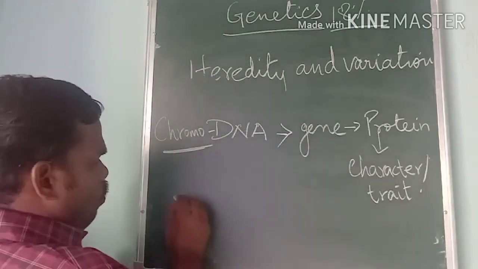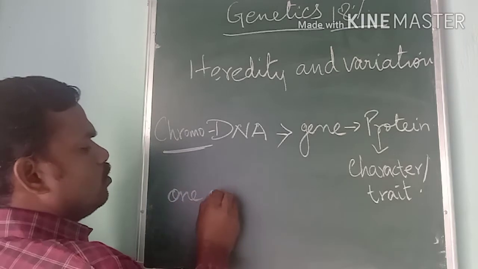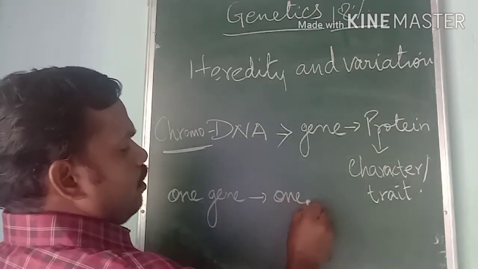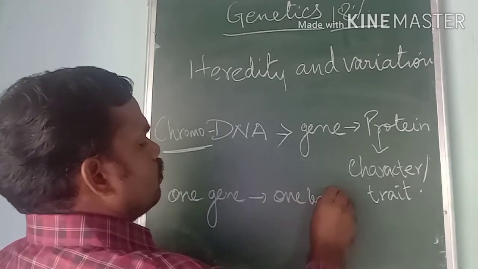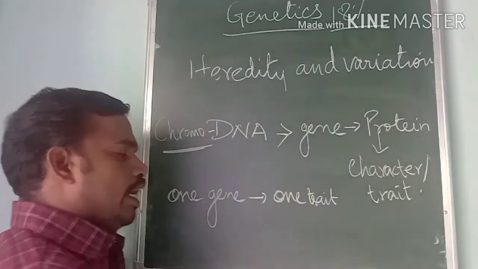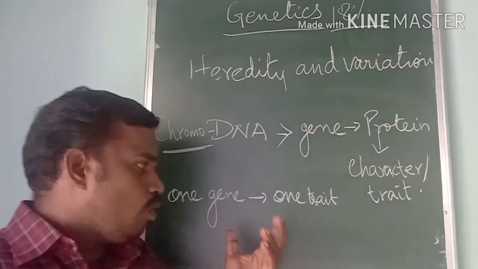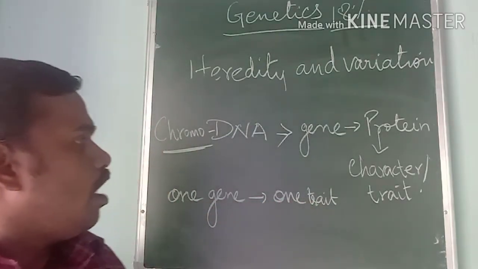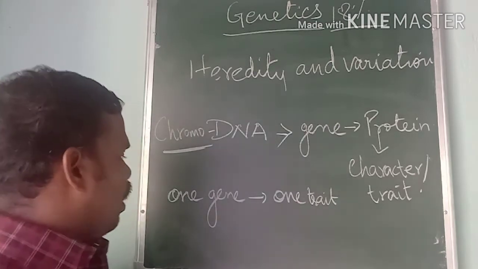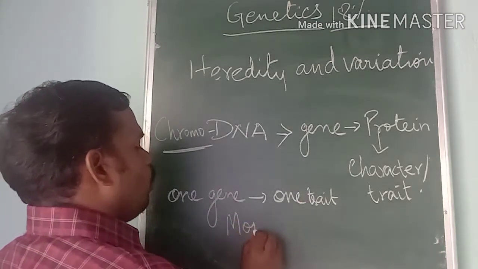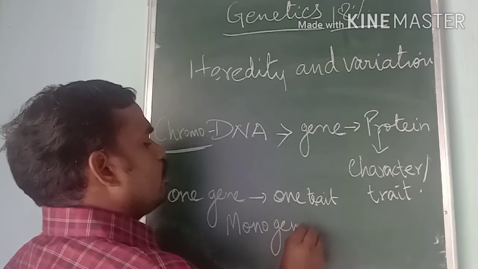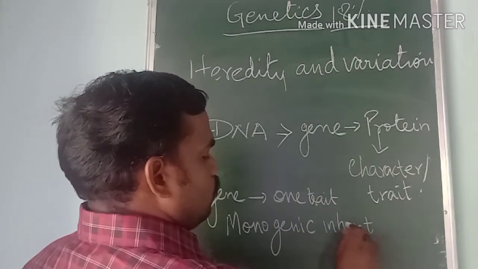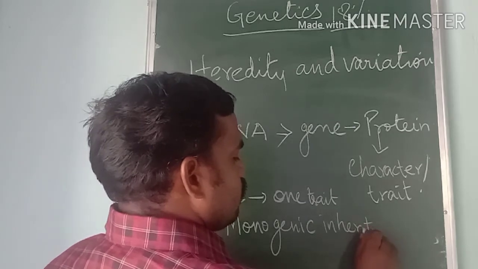See, one gene, one trait. So one gene, one character. Only one gene controls the character of the organism. So we call this monogenic inheritance. This is the monogenic inheritance.